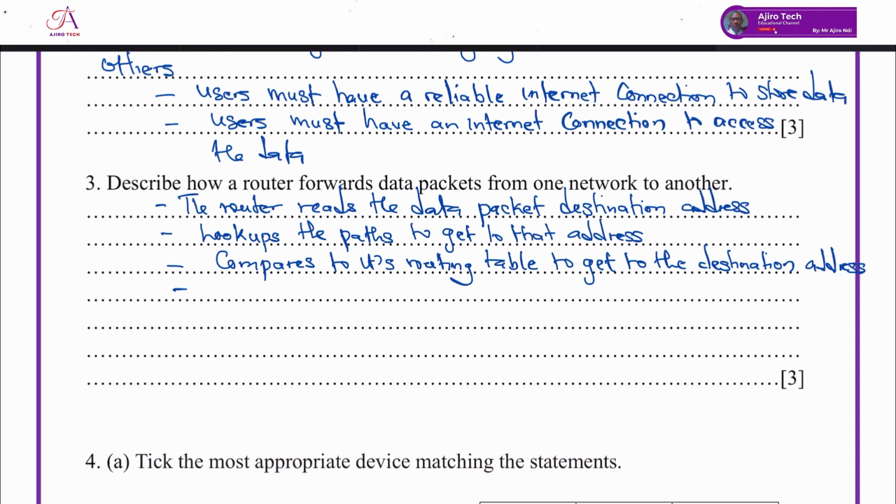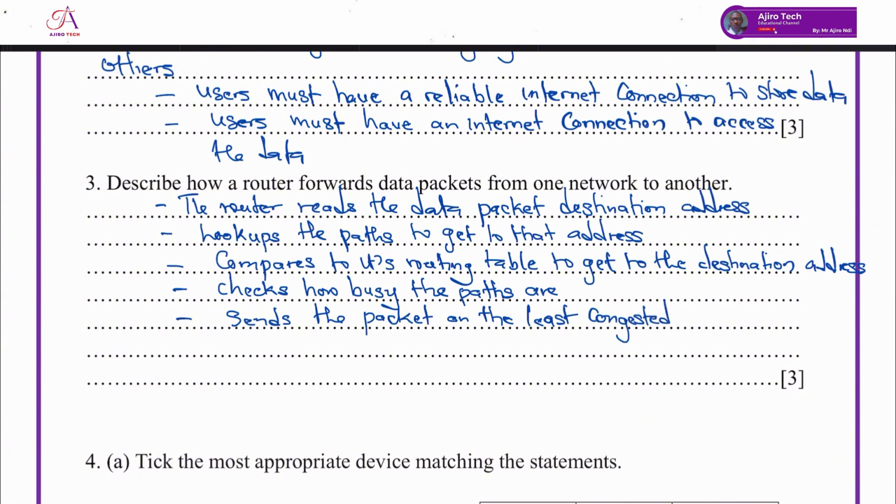It also checks how busy the paths are, and finally sends the packet on the least congested or quickest path.